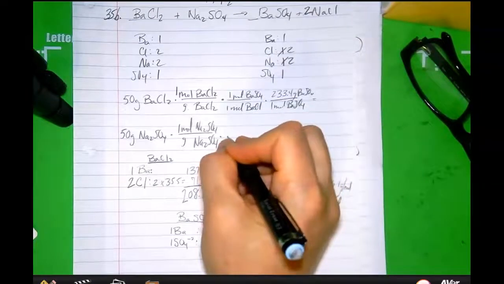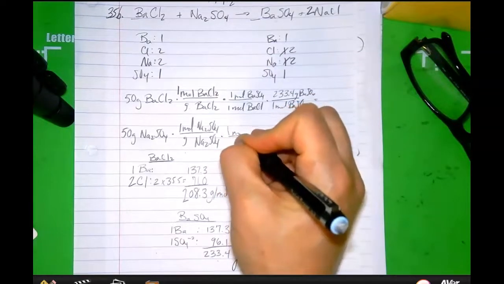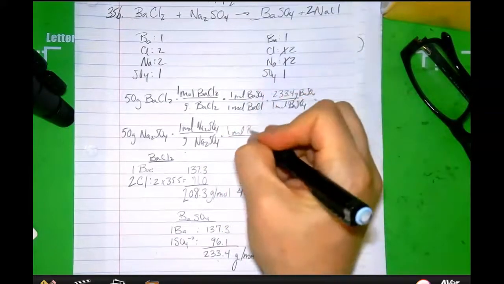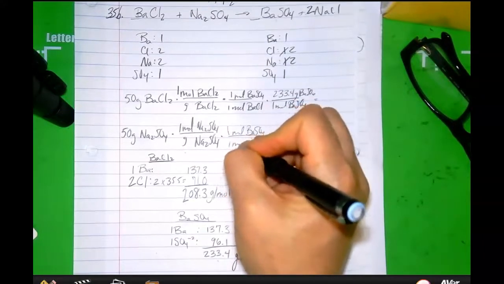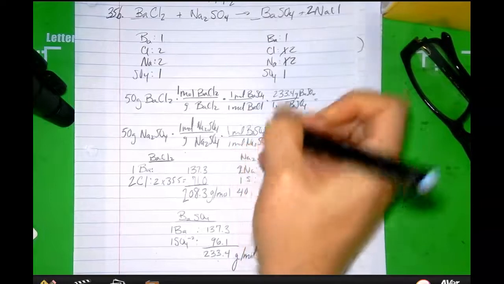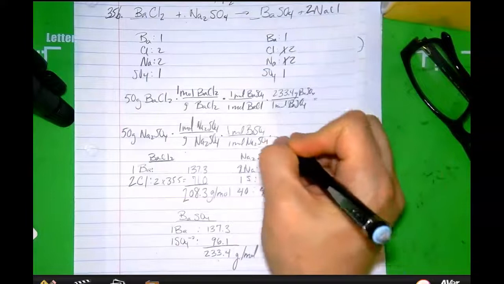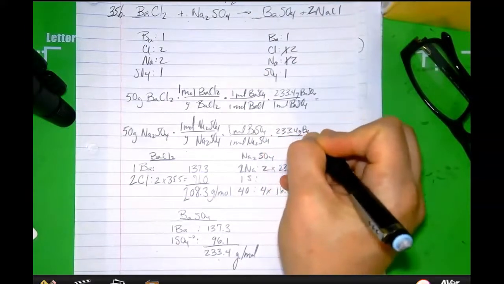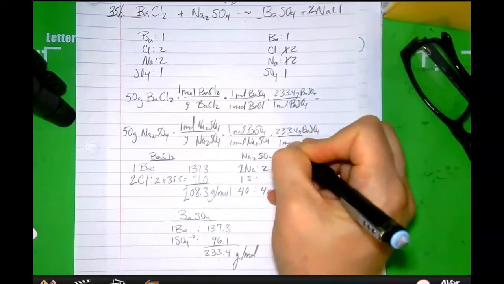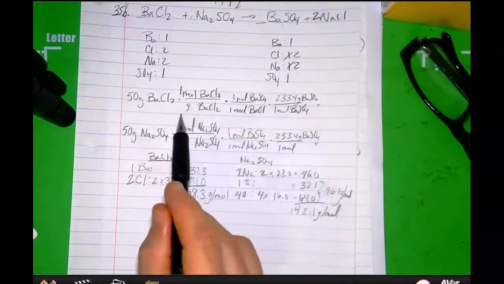And then same conversion factor here, except a different substance, because it's a 1-to-1 ratio here. And same mass. And then we're going to just put it in our calculator. Except I forgot to put my grams in here.